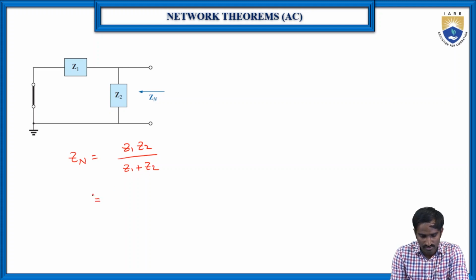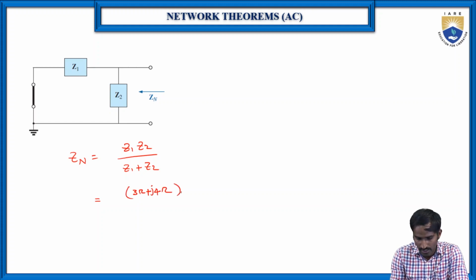Substituting the values, Z1 is 3 ohms plus J4 ohms, and Z2 is minus JXC, which is minus J5 ohms, divided by Z1 plus Z2, which is 3 ohms plus J4 ohms plus minus J5 ohms.